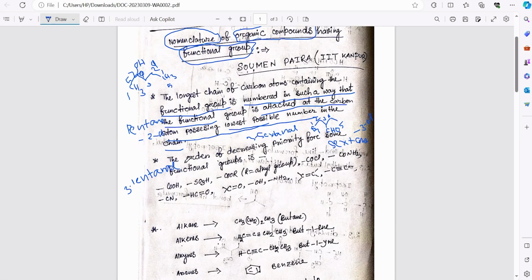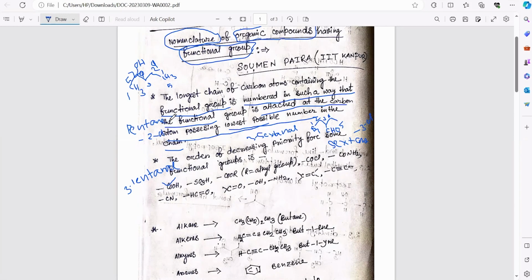Okay. So I gave two examples: one organic compound contains an OH group and another organic compound contains a CHO group. Now what are the other functional groups in organic chemistry which can be used for nomenclature of any organic compound? The order of decreasing priority for some functional groups starts with acid, COOH. If an organic compound contains COOH, it is an acid group.